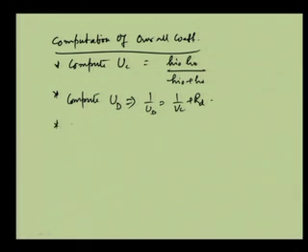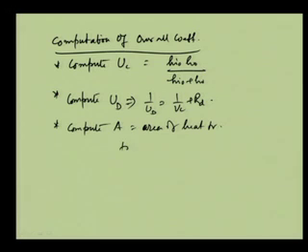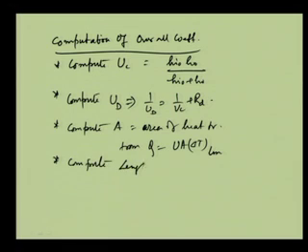Then compute A, the area of heat transfer, from Q is equal to UA delta T LM, log mean temperature difference, and then compute the length of the heat exchanger, and then comes the calculation of pressure drop.